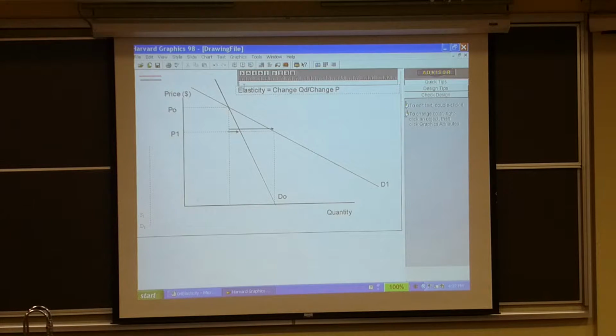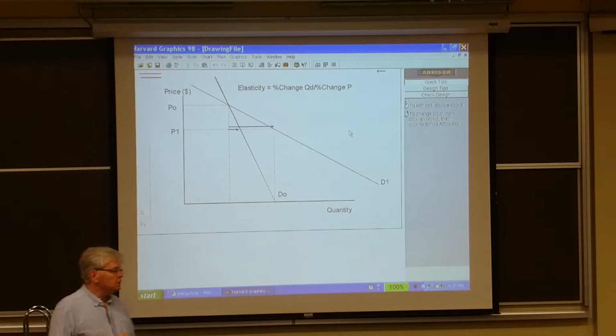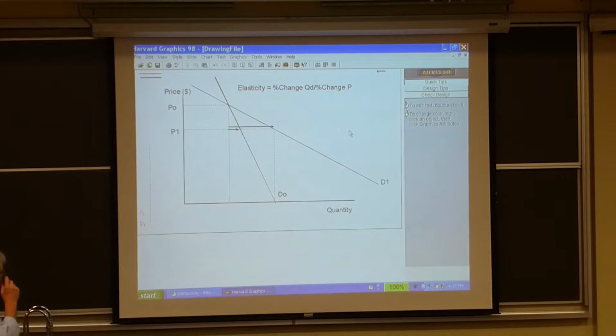But it's not just the absolute changes, it is the percentage change. That's exactly what it is. And the secret of elasticity is, under no circumstances to forget, you always calculate the percentage change. Now, percentage change is just the proportional change, as it turns out. So, now then, let's look at this.